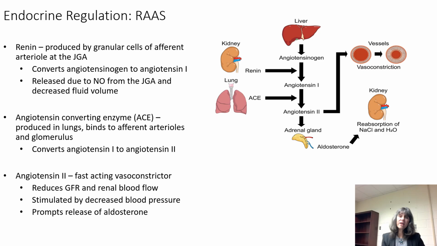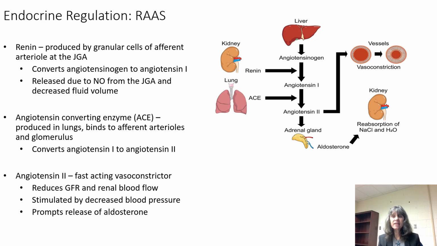In terms of endocrine regulation, this takes us back to the renin-angiotensin-aldosterone system, where renin is a hormone produced by the granular cells, which are also the juxtaglomerular cells of the afferent arteriole at the juxtaglomerular apparatus, or some books call it the juxtaglomerular complex.